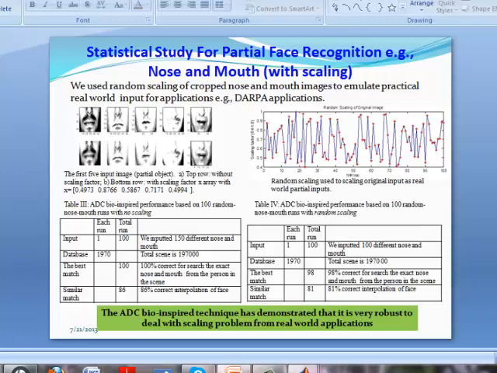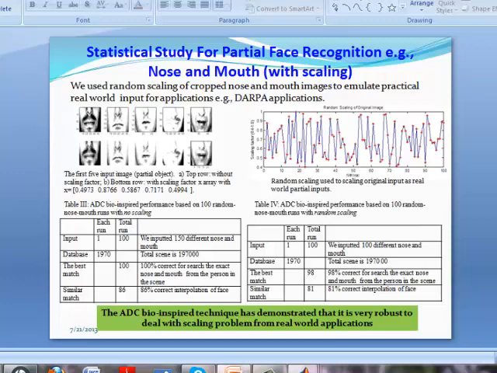Now the next one. So far you may question that I have only 2000 images in the database.